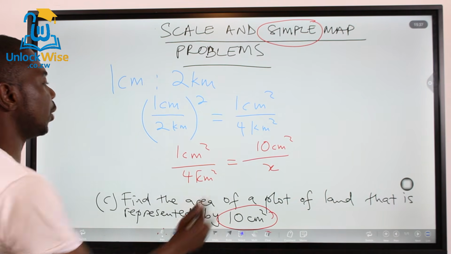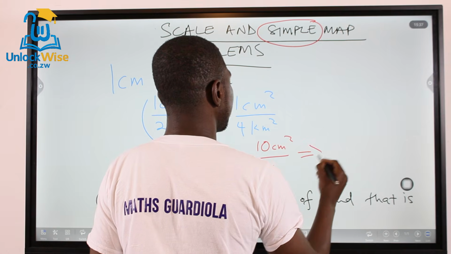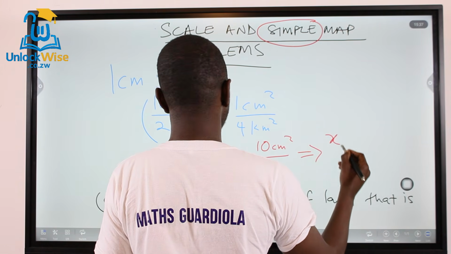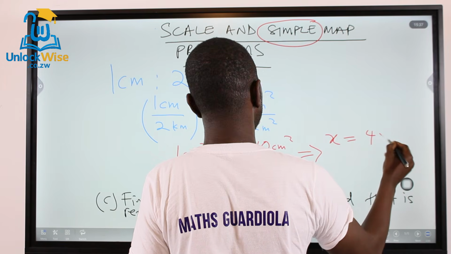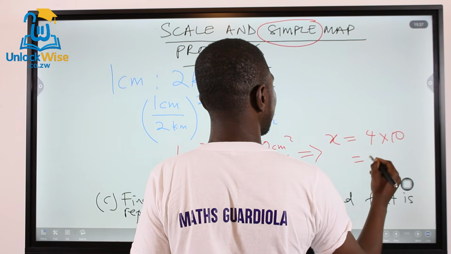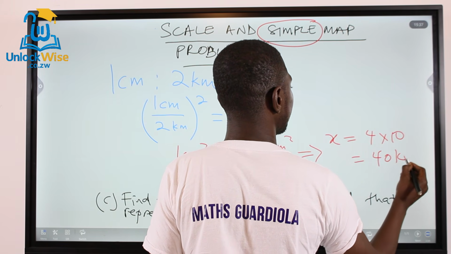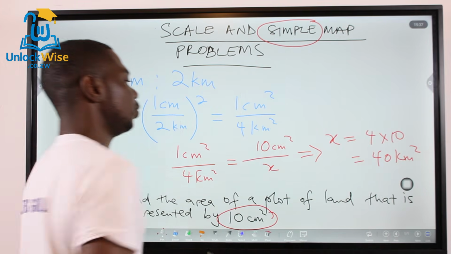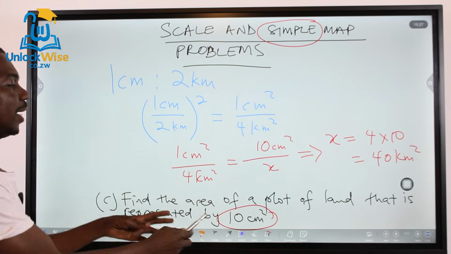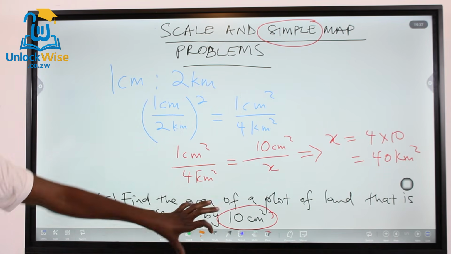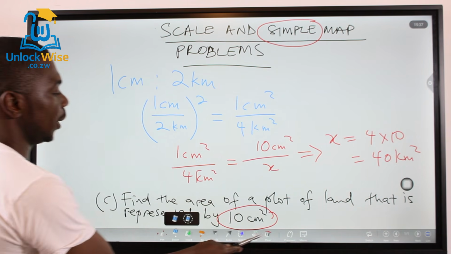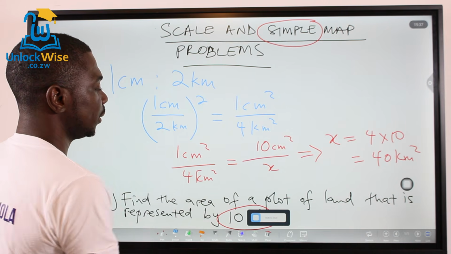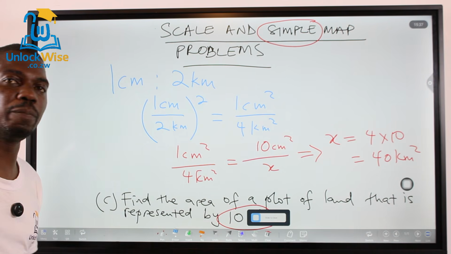So if we cross multiply, x times 1 equals 4 times 10, which will give us 40 square kilometers. And you can even be given the area on the ground and be asked to find the area on the map. Anyway, this was scale and simple map problems.